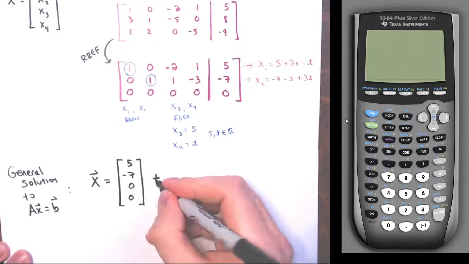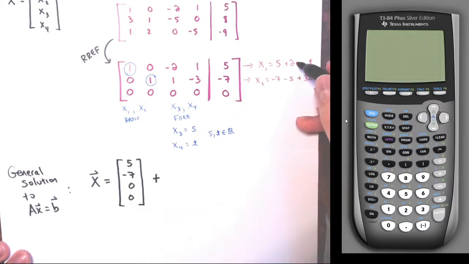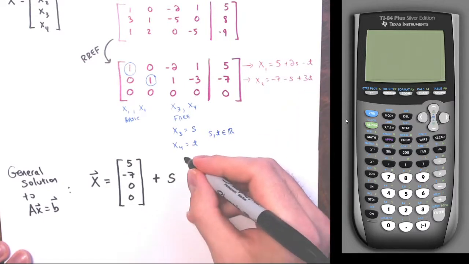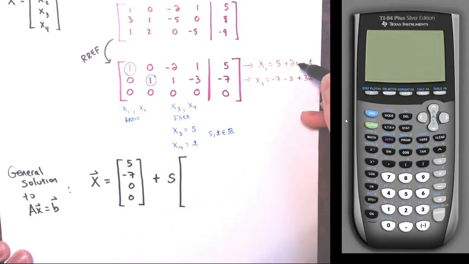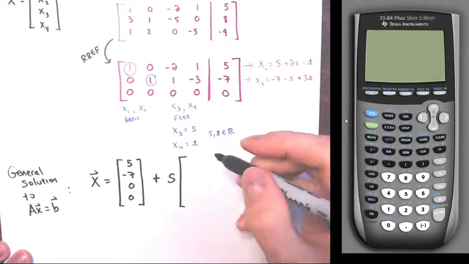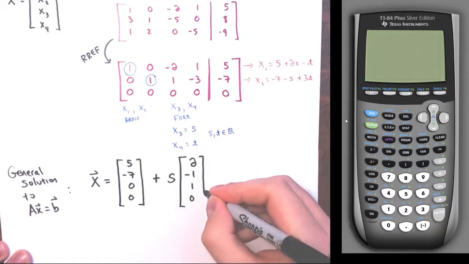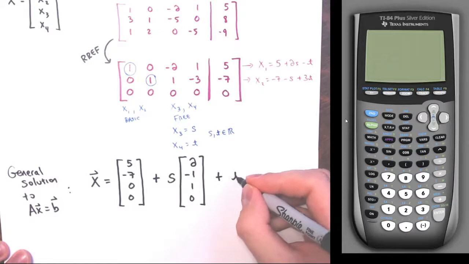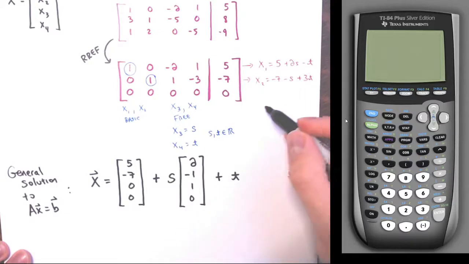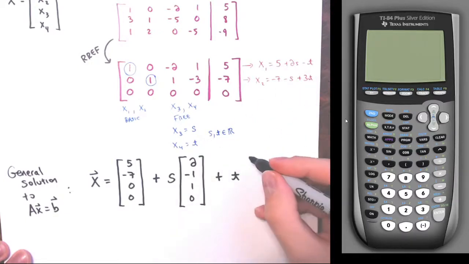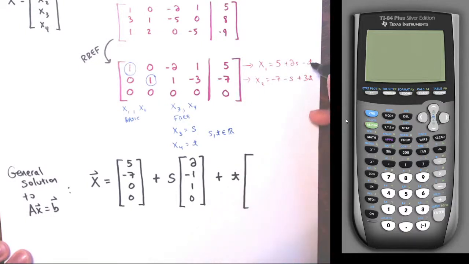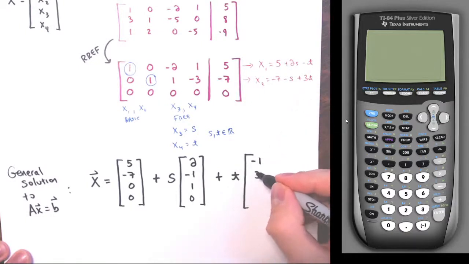Plus, and then looking at the s's, I'll pull s out. The coefficients of s going down, the components are 2, negative 1, 1, 0. Plus the terms with t in them, going down the components, have t times the vector negative 1, 3, 0, 1.